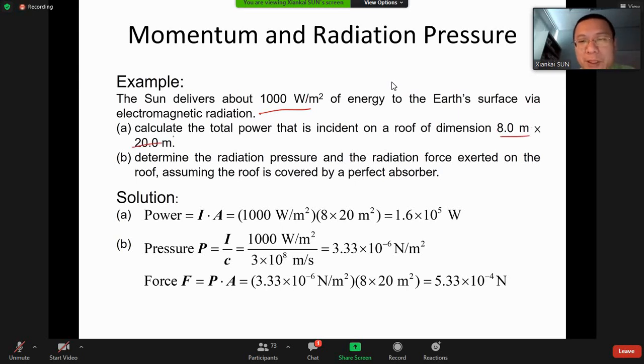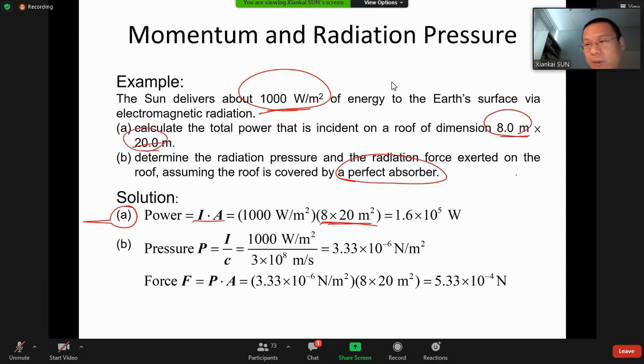Second, determine the radiation pressure and the radiation force exerted on the roof, assuming the roof is covered by a perfect absorber. Part 1: power is equal to I times A. I is given, and A is the area of the roof, 8 times 20. This one is easy.